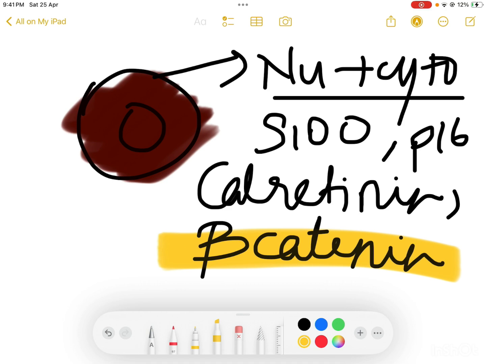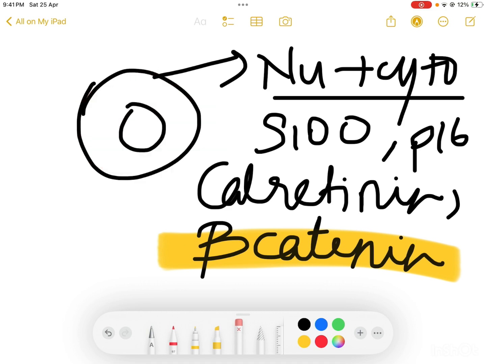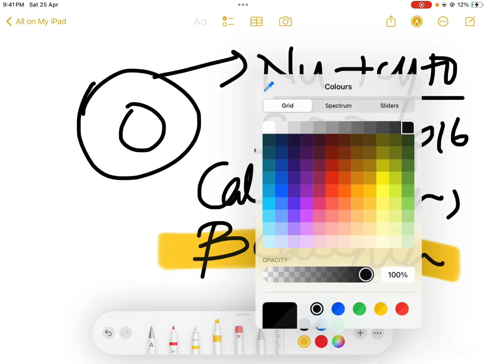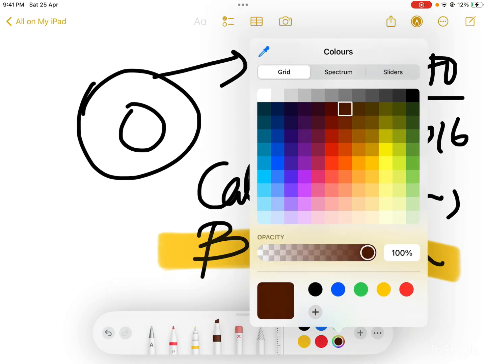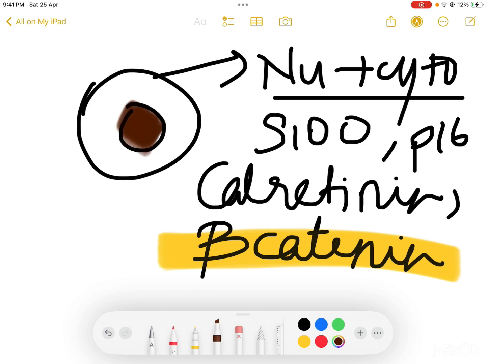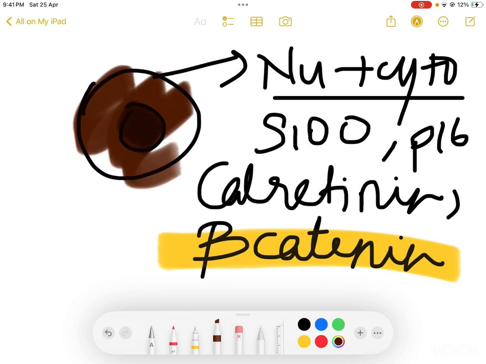But in medulloblastoma tumors, you have to get only nuclear positivity. Then only you will say that medulloblastoma is present. So beta catenin, when we use it in that condition, when it is mutated, there should be only nuclear positivity. So this we were discussing on nuclear and cytoplasmic.